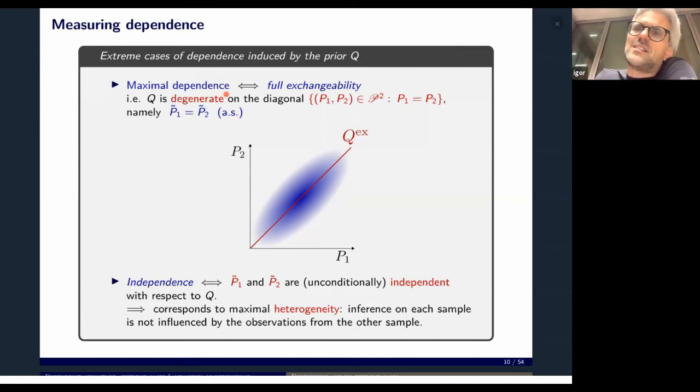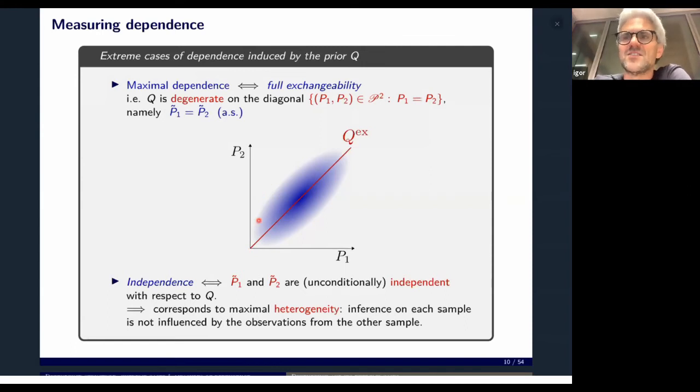Formally, what does it mean? It means that your Q degenerates on the diagonal, in the sense that you have full exchangeability, meaning the two random probability measures, the two components of your vector, coincide almost surely. If you want to see it graphically, your Q degenerates on the diagonal. Then concretely, all the models we will deal with will be somewhere around here.